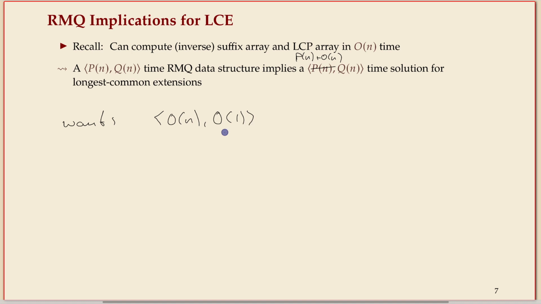And especially the second looks quite challenging. And in a way, also the first, that's the time you just need to read the array. If you do any substantial pre-processing, I guess you need to read at least the array you're given. But the claim is that's all you need. It's proportional to the time to read the array once, and then queries are constant time. It doesn't depend how big the array is.